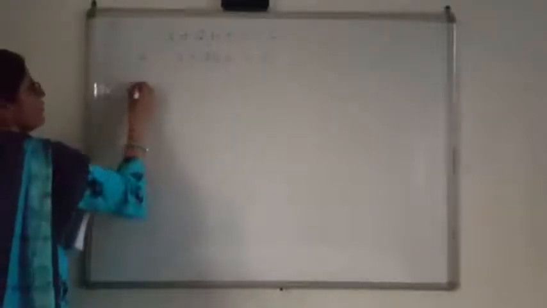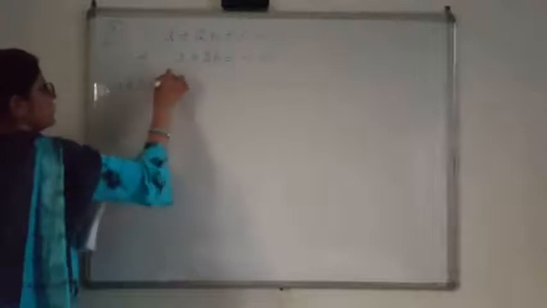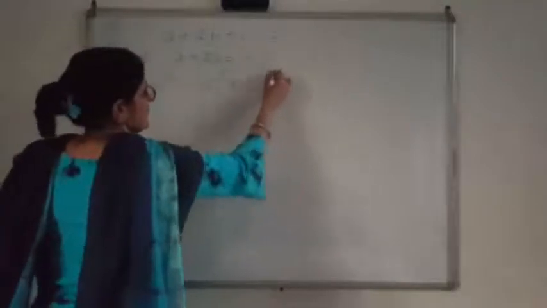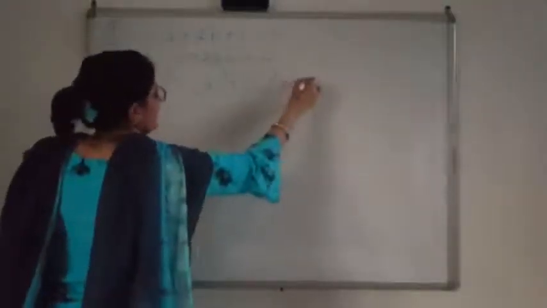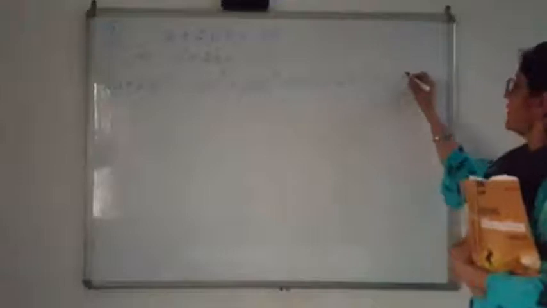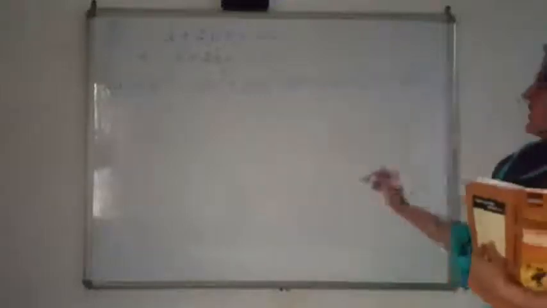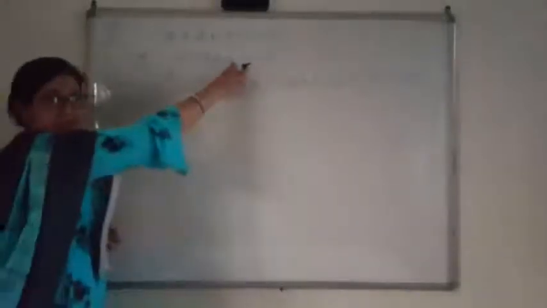Now we will take this binomial and find its cube. So cube of a plus 2b equals, we follow the identity of a plus b cube here. So cube of first term plus cube of second term plus 3 into first term into second term into a plus b. Now a plus 2b we can substitute as minus c.